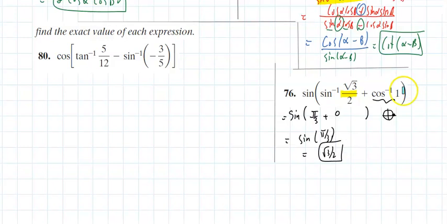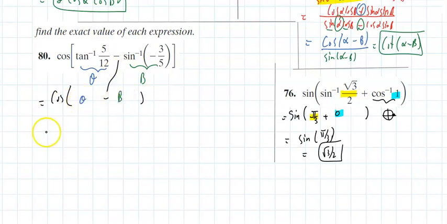So if the angle is standard, I could use my unit circle or the triangles and go from there. If the angle is not standard, there is another way of doing this. I'll call this theta, and I'll call this beta. And I'm really looking for the cosine of theta minus beta.